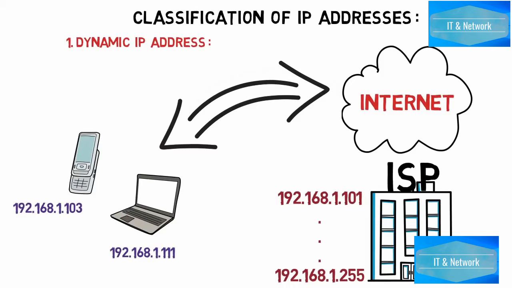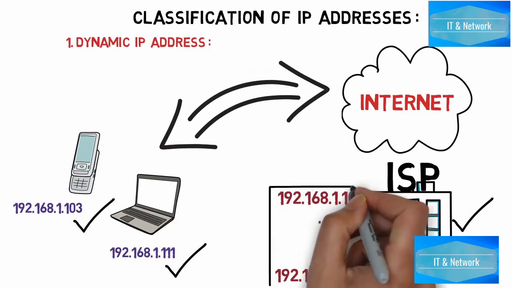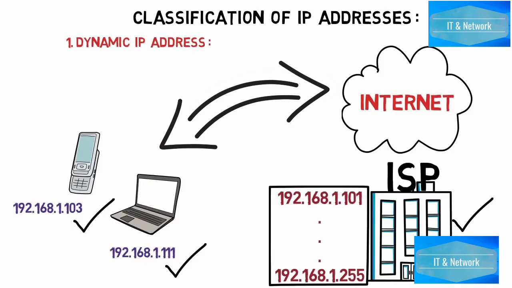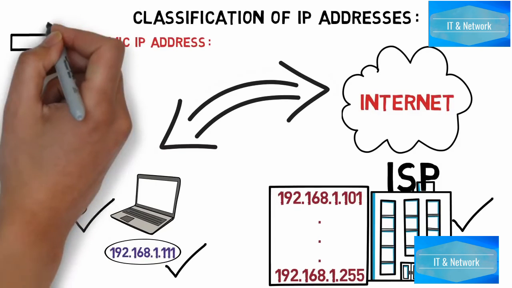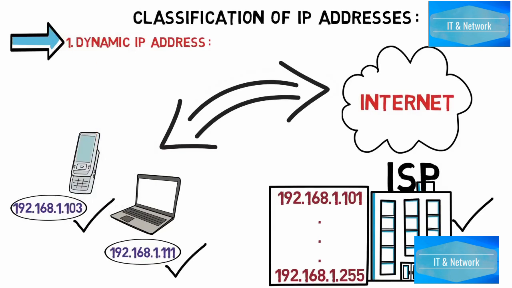Next time you connect your device to internet, your internet service provider provides you some different IP address, but from the same available range. Since the IP address keeps on changing every time you connect your device to internet, such IP addresses are called dynamic IP addresses.